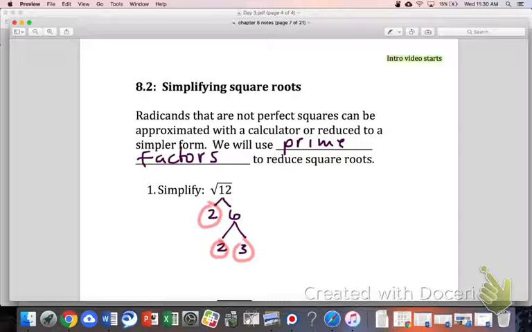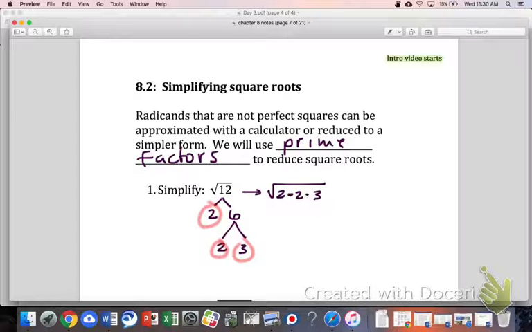So again, just using a regular old factor tree like we've done in the past, I can rewrite the square root of 12 as really the square root of 2 times 2 times 3. Then I can look at that 2 times 2 times 3 for pairs of like factors.